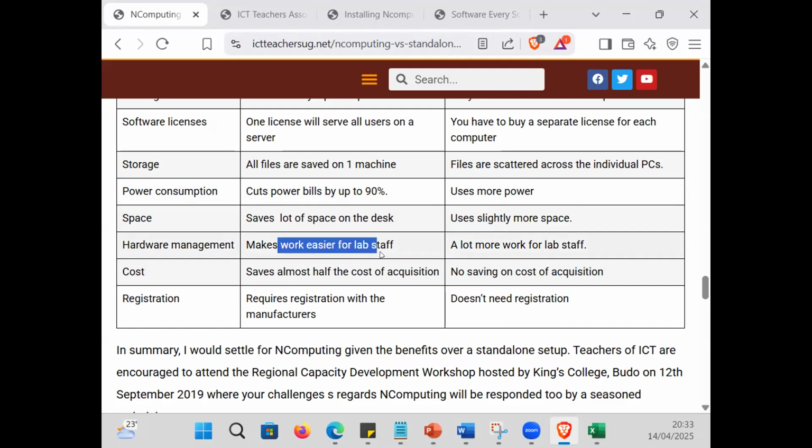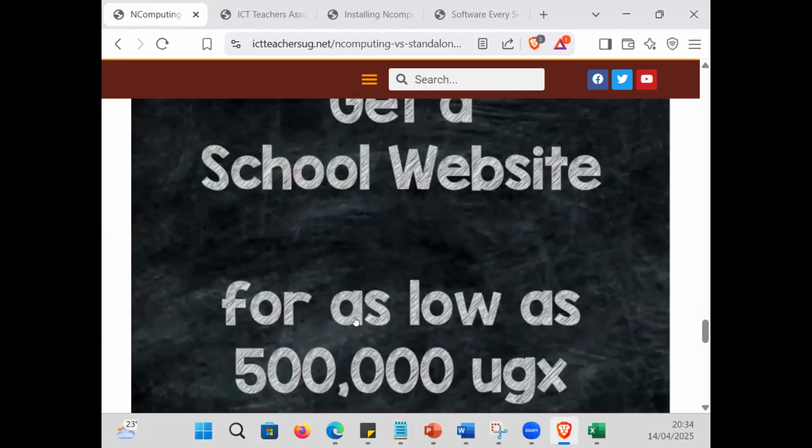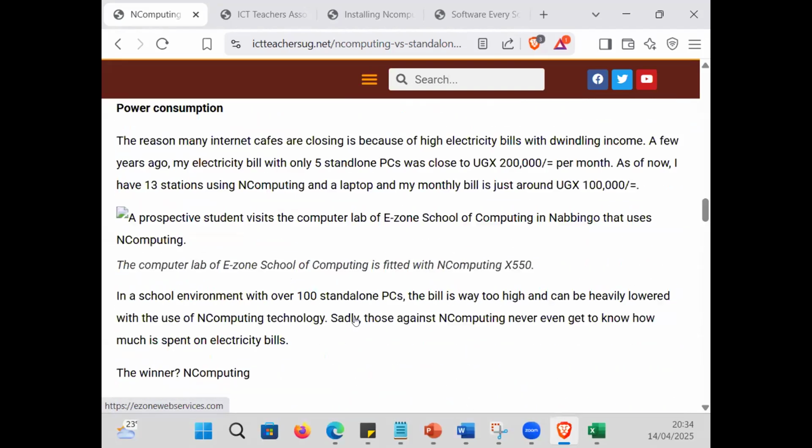Hardware management: lab staff find it easier to install. If you want to install Windows, you only install once and you configure. But on standalones, you need to do more. So the cost can be higher for the standalones side, and any computing could be cheaper. So this was a comparison.